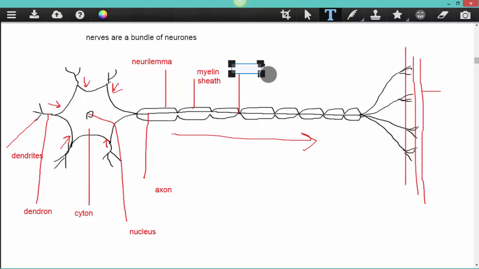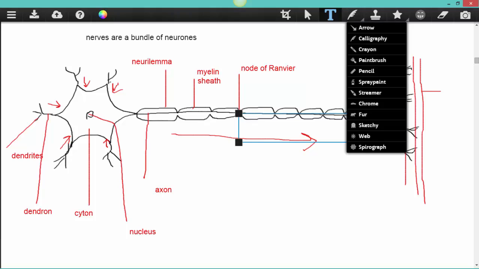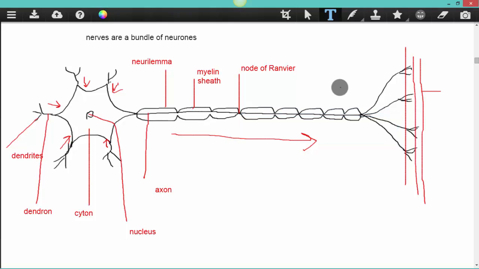And this here is the node of Ranvier. It is a gap where the myelin sheath is absent and which allows nerve impulses to jump from node to node to node, which makes it faster for nerve impulse transmission.